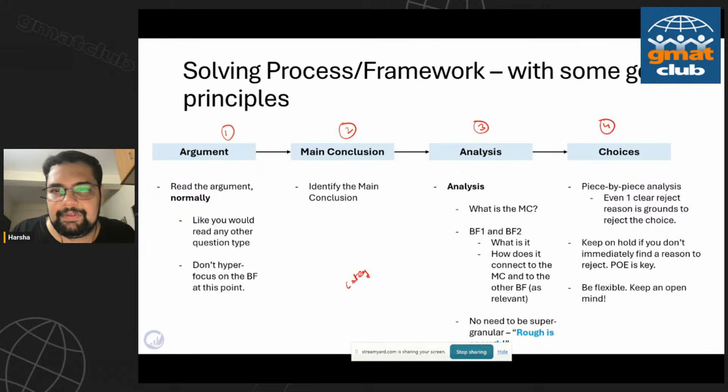And even though it is a structure based question type, in a lot of cases you will have to understand the depth of the subject matter the way you would understand it for an assumption or a weaken question, right? So if your brain is overly involved in categorizing everything you read into buckets, that's not an efficient way to solve questions.